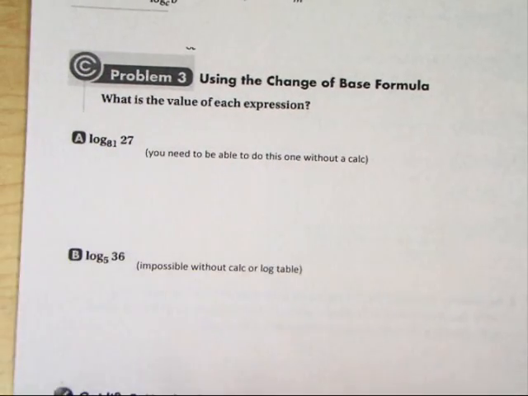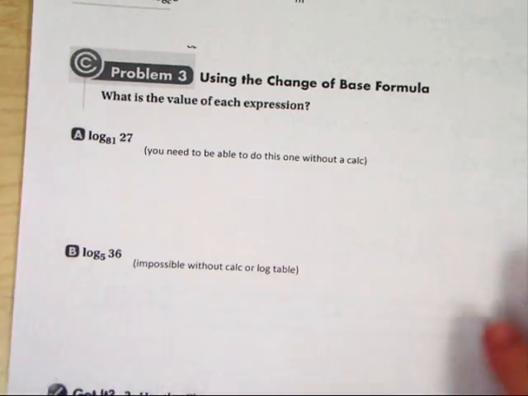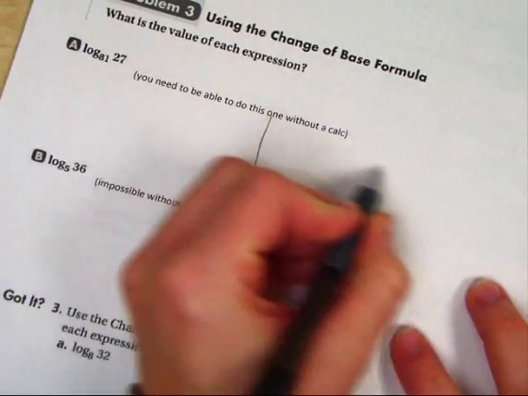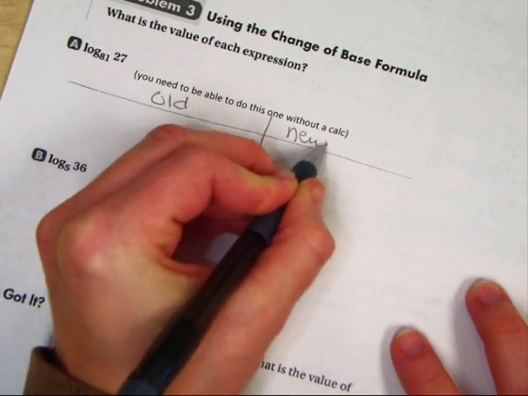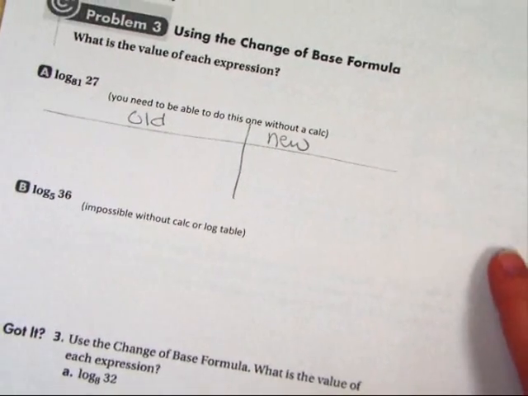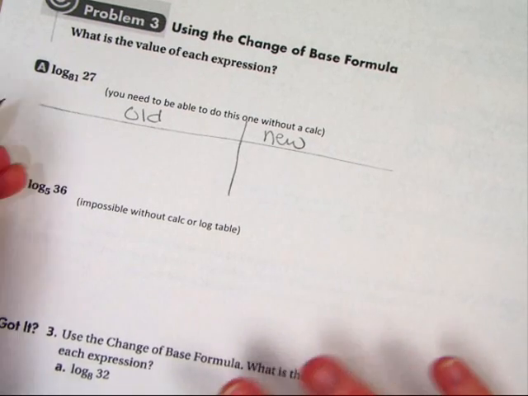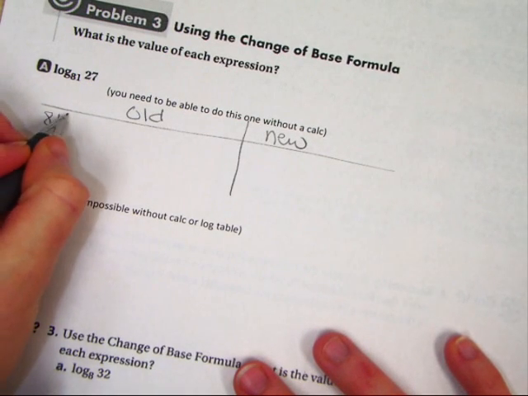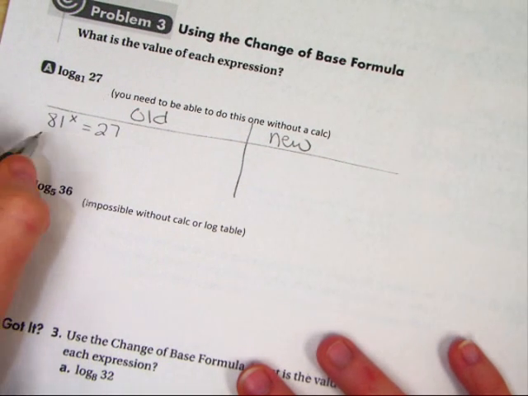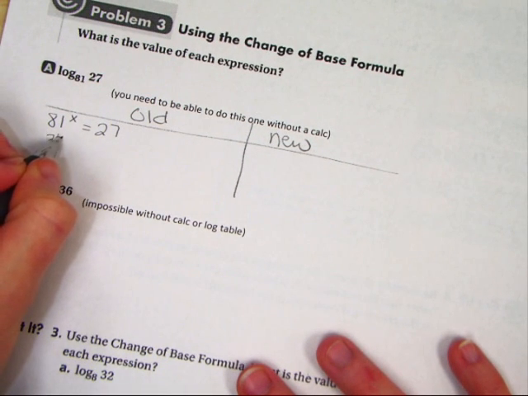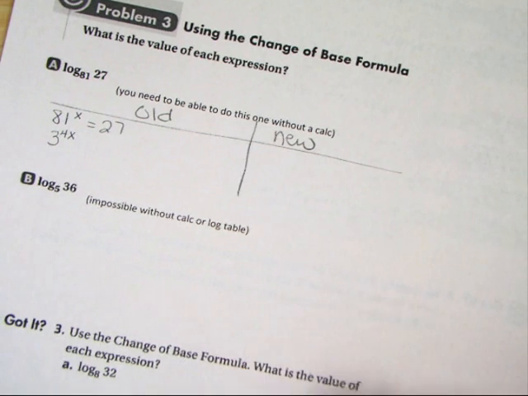Look at A. Now what you should be able to do, okay, let's do old and new. You should be able to do this one the old way. Okay? It is possible. You would say 81 to the x power is 27. And then hopefully you would remember that this is a base of 3, 3 to the 4th, so we do 3 to the 4x, since 3 to the 4th is 81.